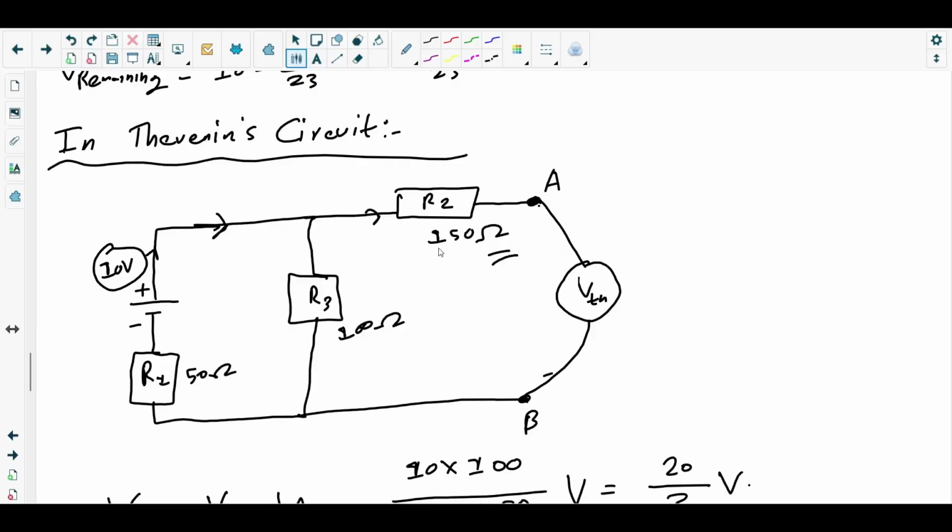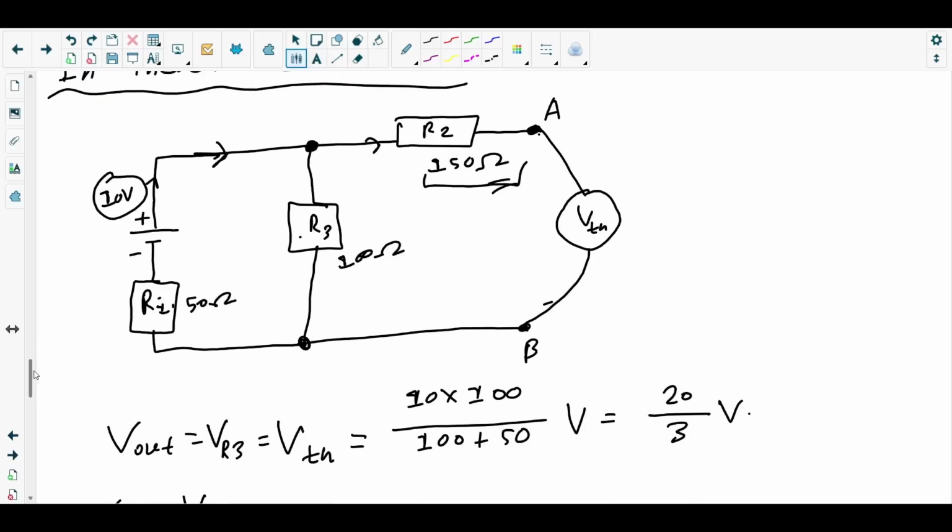So the 150 ohm resistor is basically alone there on the right end. And resistors R1 and R3 are basically in parallel. How are they in parallel? Have a look. This is a junction, that's another junction, right? So R1 and R3 are in parallel.